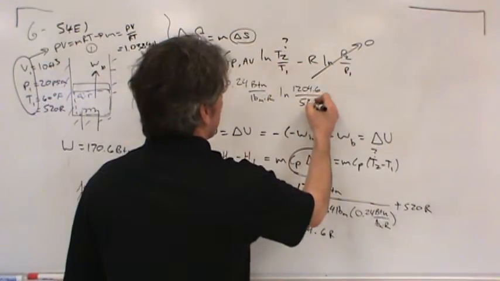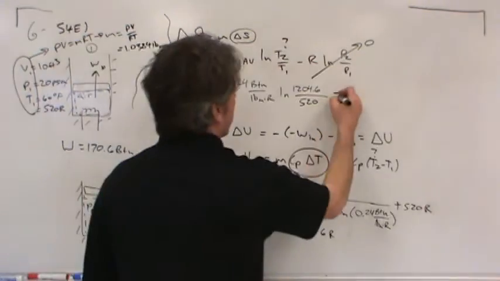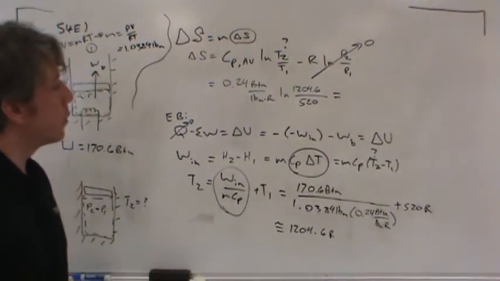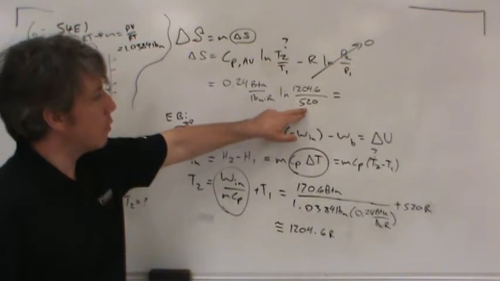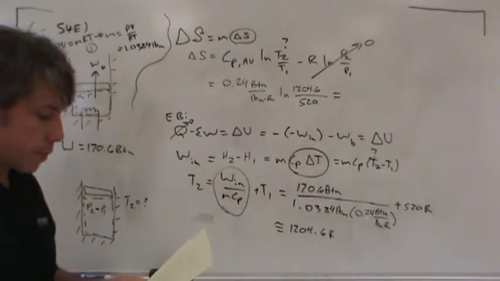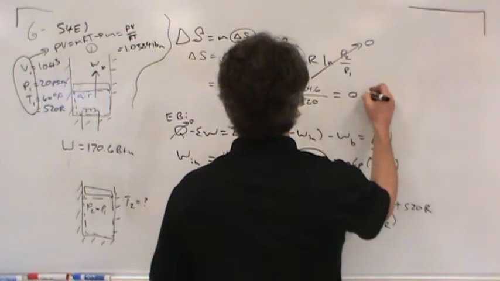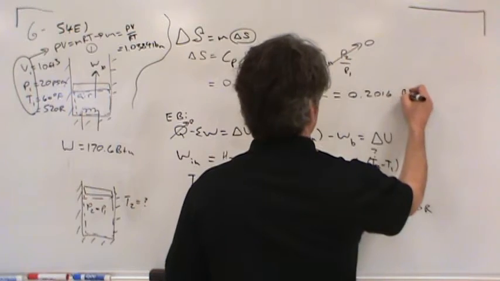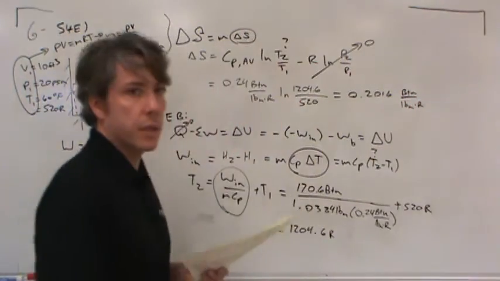T1 is 520 Rankine. Notice our units will not change at all. So please grab your calculators and take the natural logarithm of 1204.6 over 520 and multiply that result by 0.24. 0.2016. Thank you. Anybody second that?